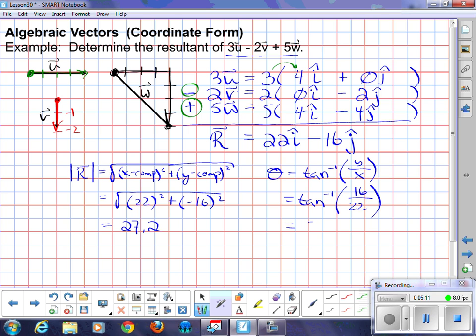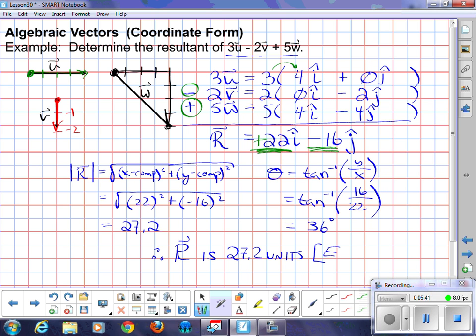I never worry about the negative because the calculator tries to help you out, and you don't want the calculator helping you, believe it or not. So where does that negative come into play? Well, in the therefore statement. So my resultant is 27.2 units in length. And the direction, and we go back to our resultant, it's positive 22. So that means we're going to head east or to the right.